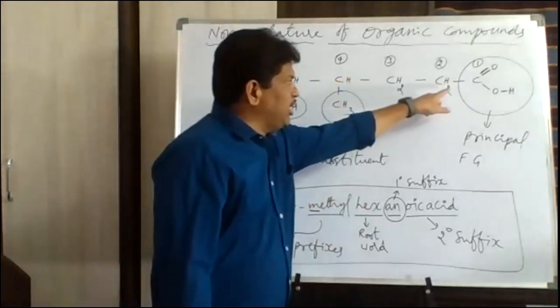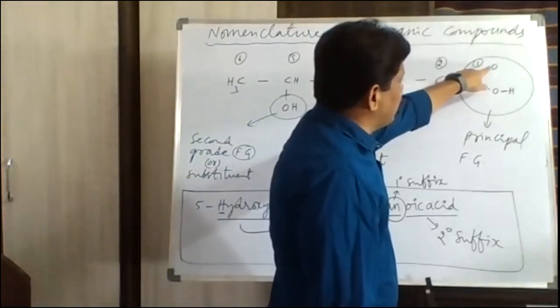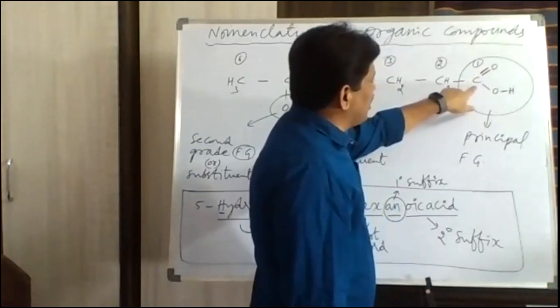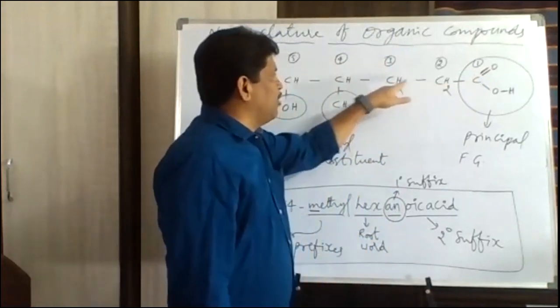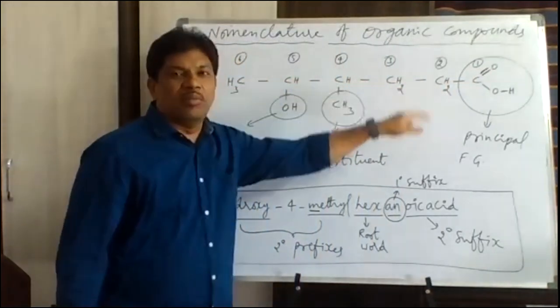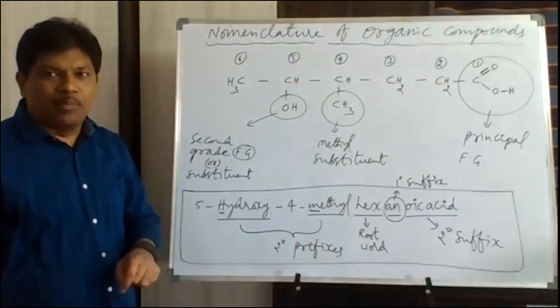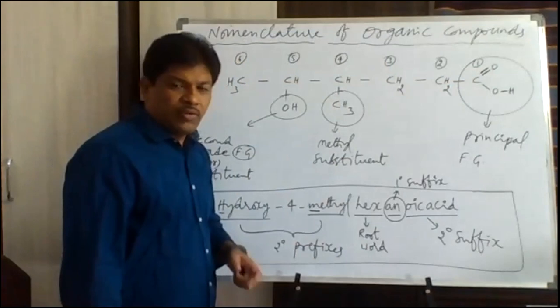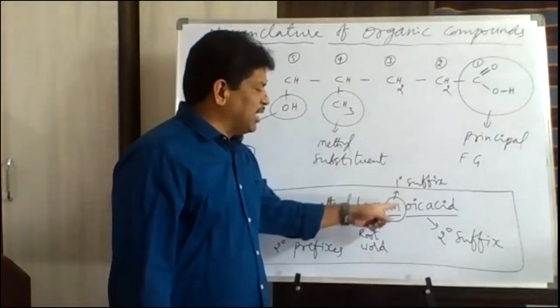After that, between any 2 carbons in the parent chain, don't take this double bond. Don't take the double bond between carbon and oxygen. Between first carbon and second carbon, single bond. Between second and third, single bond. Between third and fourth, single bond. Always a single bond is present between the carbon atoms in the parent chain. If there is a single bond between all carbon atoms, we use the primary suffix as what?